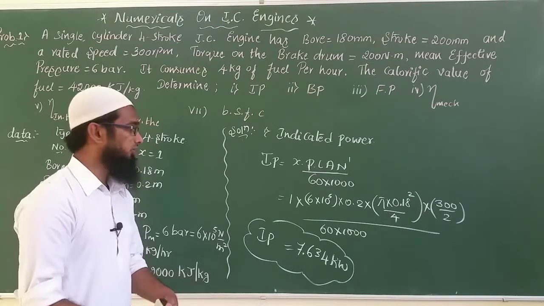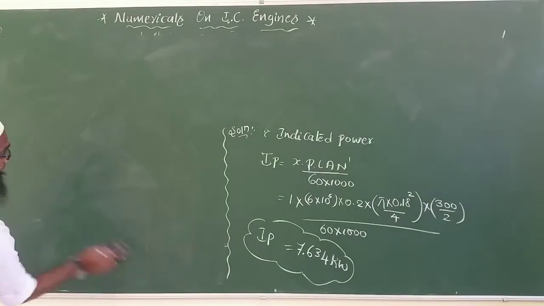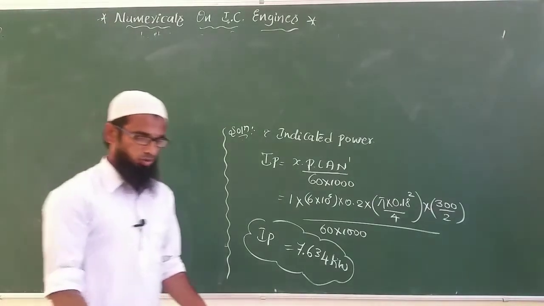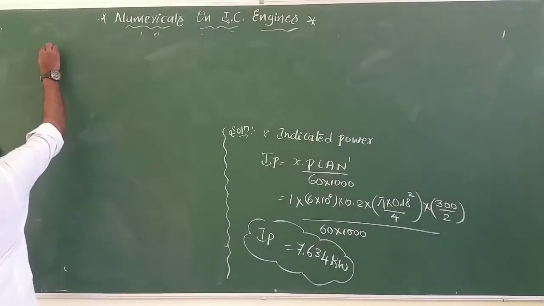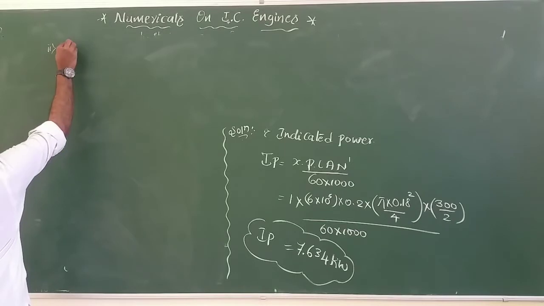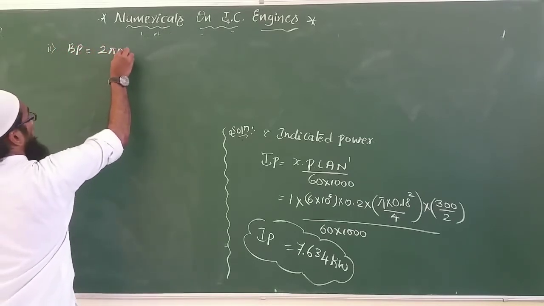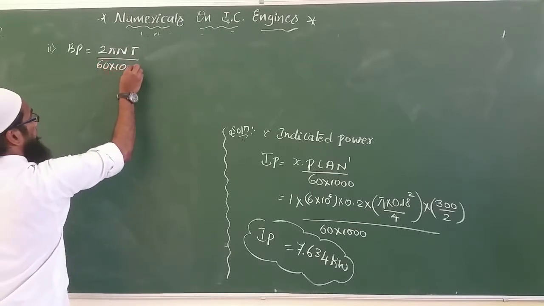Now we move on to the second quantity, the brake power. Brake power is equal to 2 pi N T by 60 into 1000.